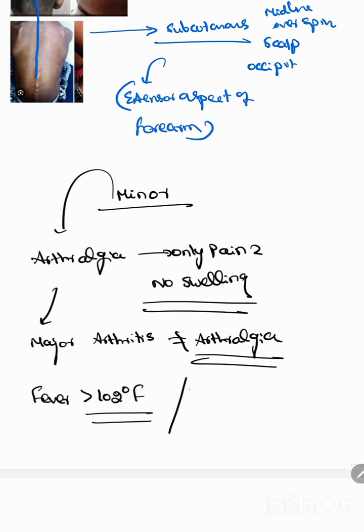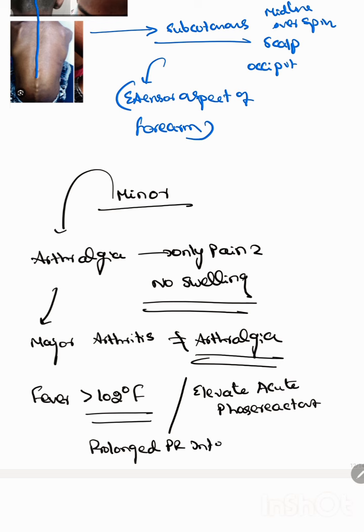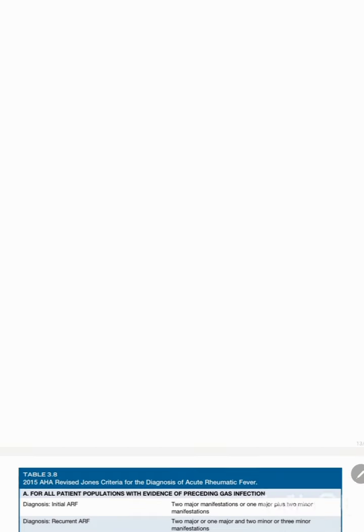Next, elevated acute phase reactants and prolonged PR interval in ECG. These are all the minor criteria of acute rheumatic fever. Then, last but not least, the diagnosis of acute rheumatic fever is incomplete without recent evidence of group A streptococcal infection.